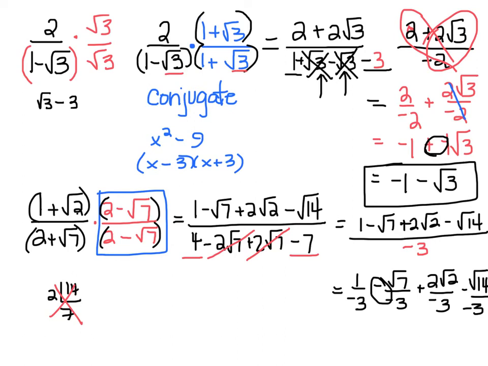Sorry, a negative divided by a negative is a positive. A positive divided by a negative is a negative. And this negative divided by a negative turns into a positive.